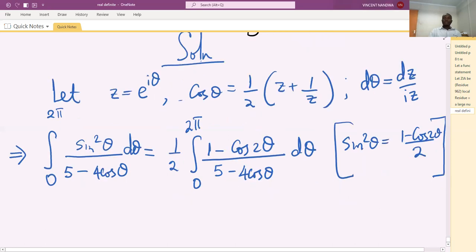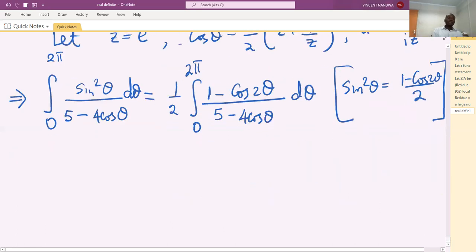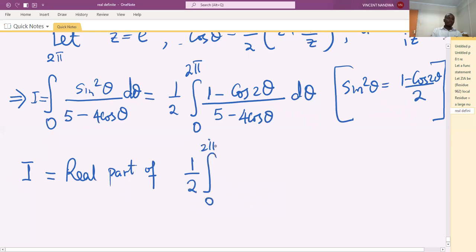So next step, let's call this integral I. So then we say I is the real part of the integral 1/2, 0 to 2 pi of, I can rewrite this now, because remember, if the angle is 2 theta, then as a complex number it will be cos 2 theta plus i sine 2 theta.